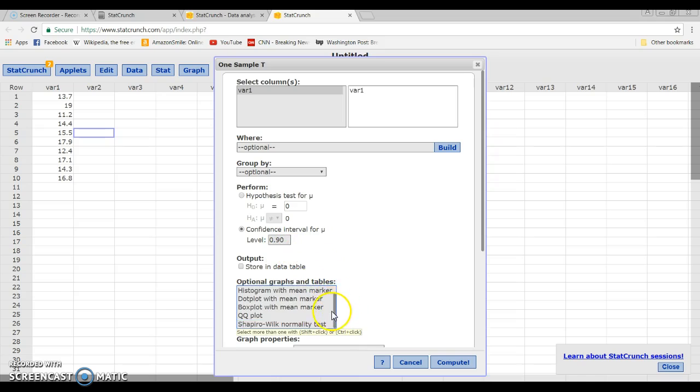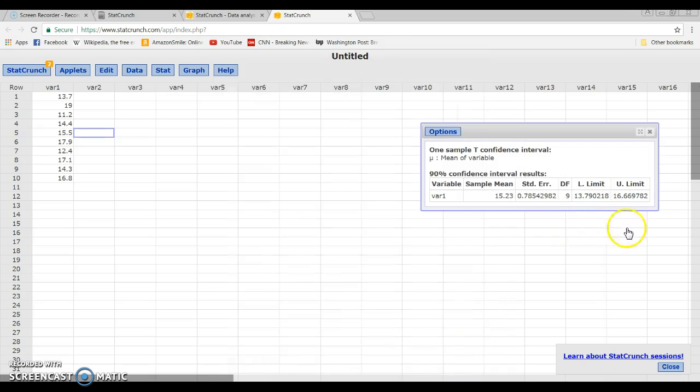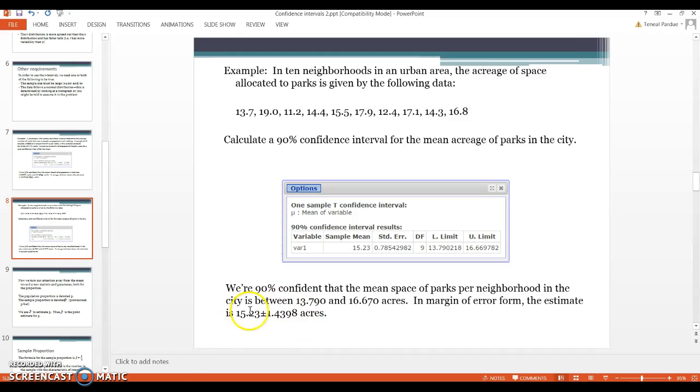If you want to check normality, that's what some of these are. We could look at a histogram, but you're told in the problem to assume normality, so we can just go with that. So click compute, and that gives us our confidence interval. From there, it's the same interpretation that we've seen before, the same sample mean plus or minus the margin of error. All right, so that's the t interval.